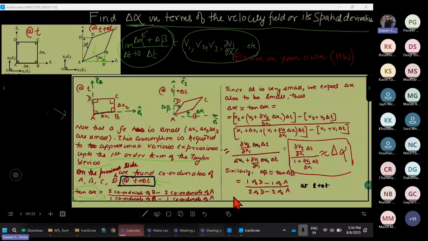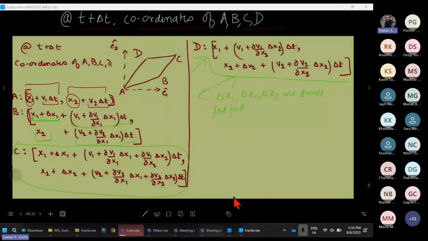So tan delta alpha is actually what I have written here. This language is a little unusual. By 2 coordinate, I mean the second coordinate of B. If I go back to this slide, the second coordinate of B is this. And this quantity here I will call the 1 coordinate of B at time t plus delta t.